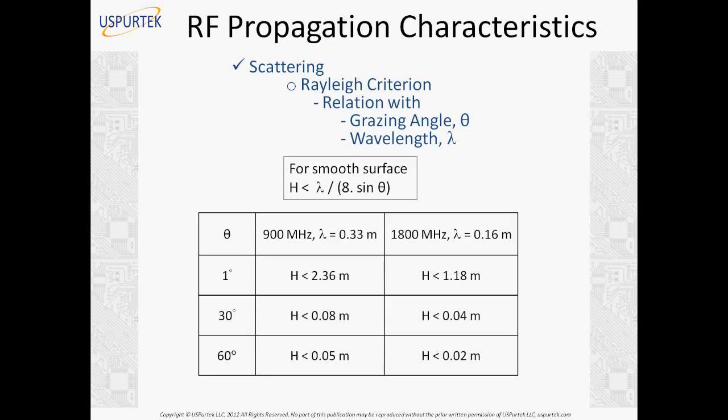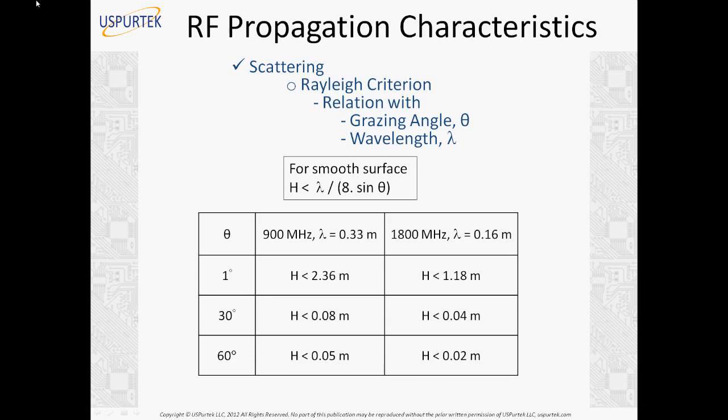Now there is a relationship with the grazing angle theta. The grazing angle is the angle at which the RF wave is incident on the surface. Here in the table, there are some interesting observations. At a specific frequency, like 900 megahertz, if you increase the grazing angle, the h reduces to, for 60 degrees, only 5 centimeters.